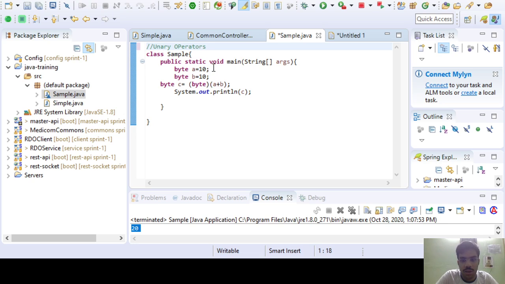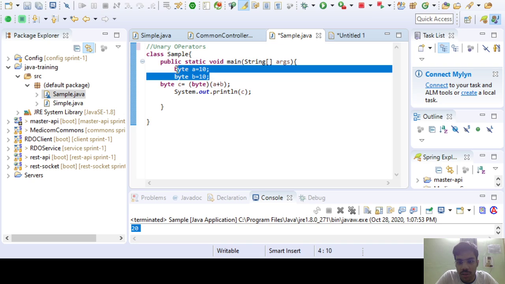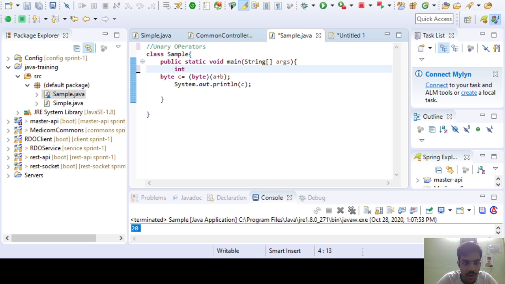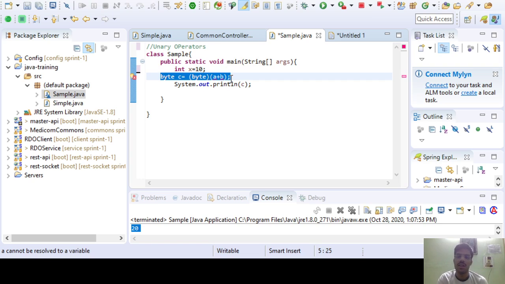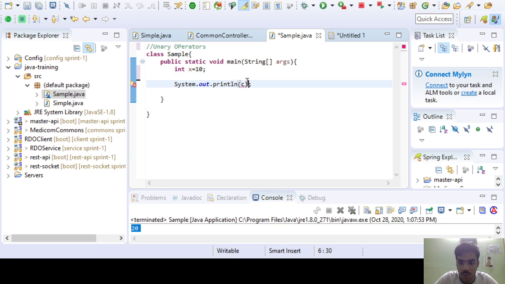Let's take our same example. What is the unary operator? Class Sample, then we declare a main function. Then we delete these two again. Int a equal to 10, we are initializing a local variable. Then we want to display the output, right?